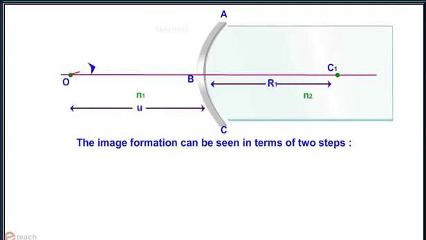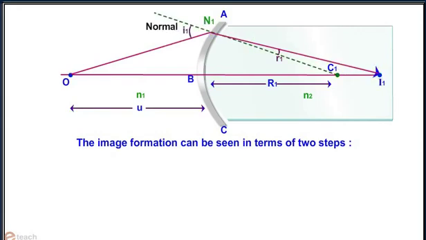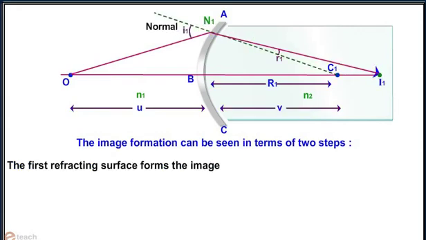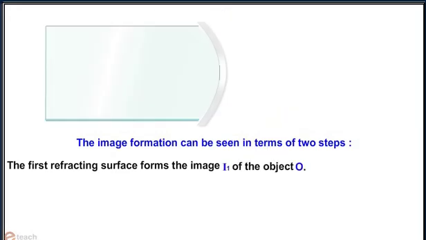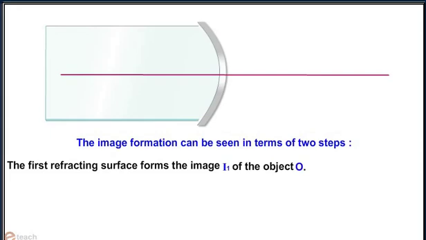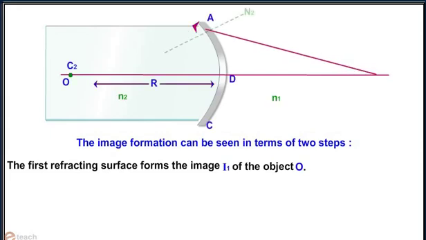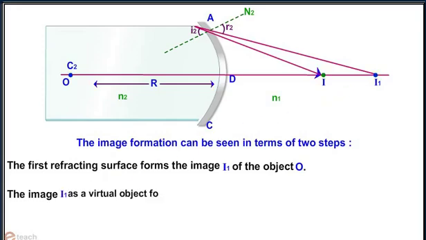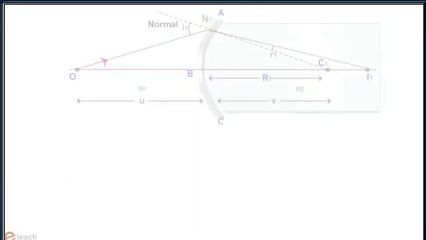Applying the equation N2 by v minus N1 by u equals (N2 minus N1) by R to the first interface ABC, we get N1 by OB plus N2 by BI1 equals (N2 minus N1) by BC1. A similar process can also be applied to the second interface.